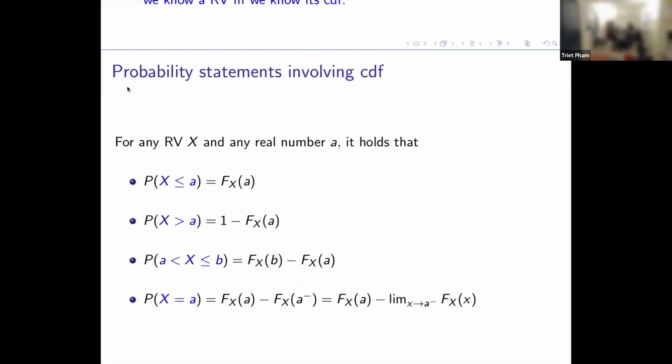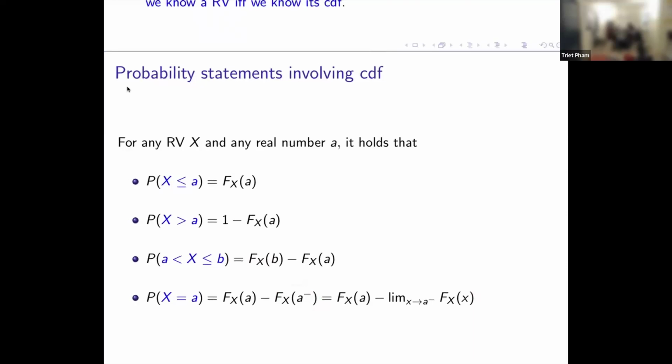So here, probability X less than A is the limit as X goes to A from the left of the CDF, which is also denoted as that. Maybe I should put that there as well as an identity. Okay, but let's go over this. Sure, any questions before we explain these statements?